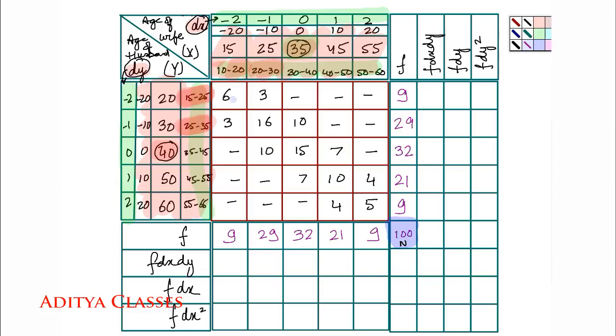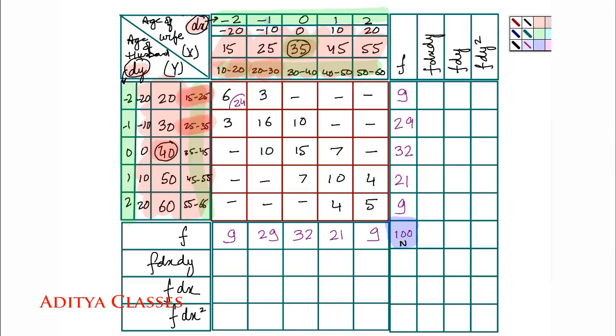Now I need f dx dy. So this is f. Its corresponding dx is -2 and its corresponding dy is -2. So what I'll do is 6 multiplied by 2 multiplied by 2. So that gives me a total of 24.